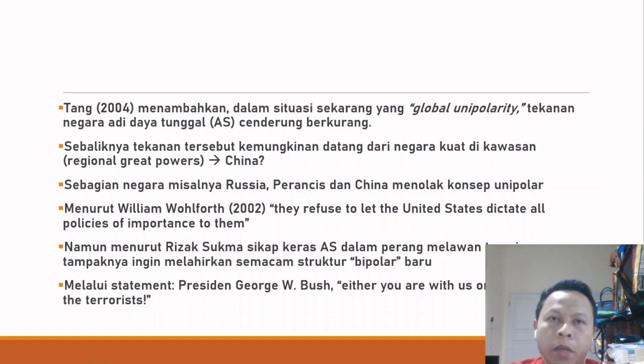Maybe the U.S. is the major power, but they can refuse the U.S. Maybe the U.S. dictates on specific issues. So the U.S. of course is still a major power, but there are also many great powers. And I think I call it not global unipolarity, but uni-multipolarity. Uni means one, polarity is polar.